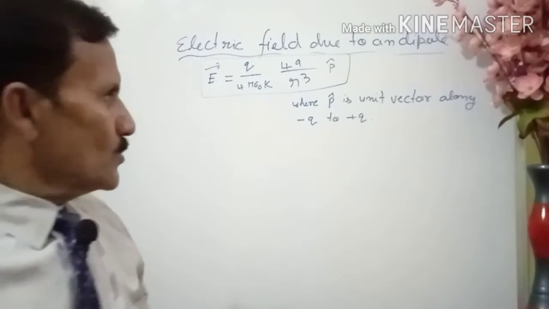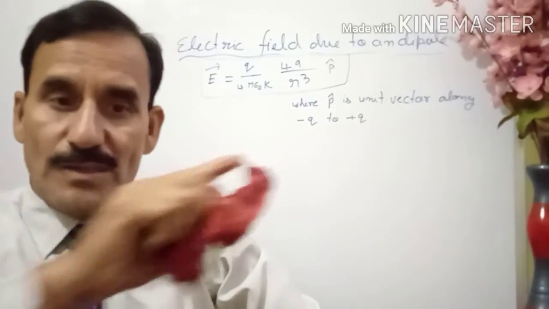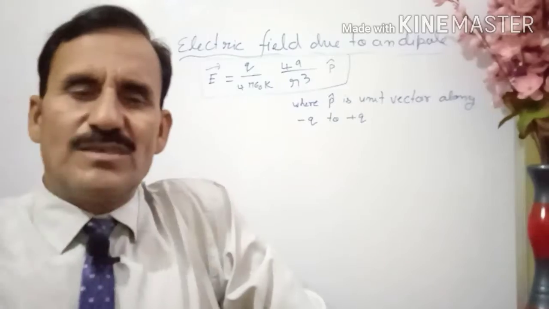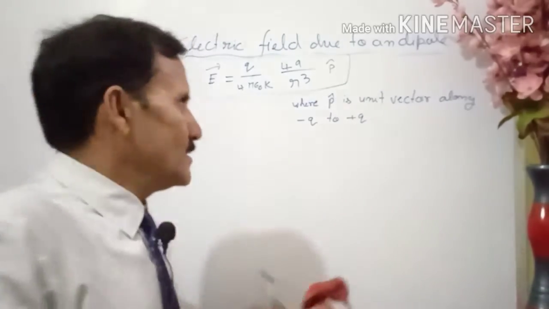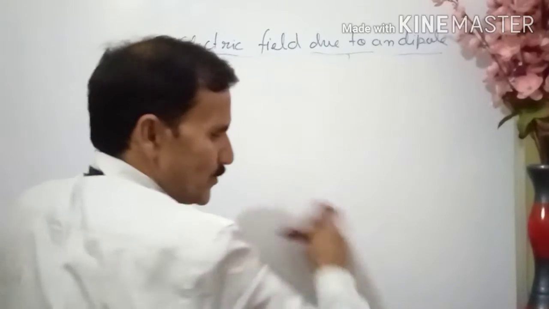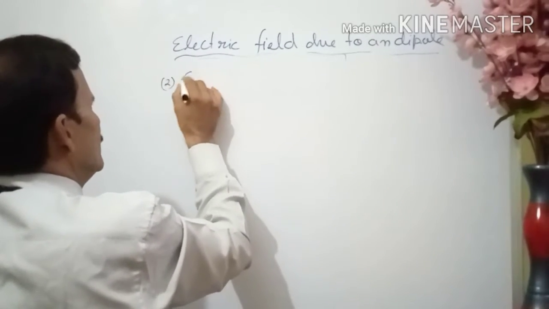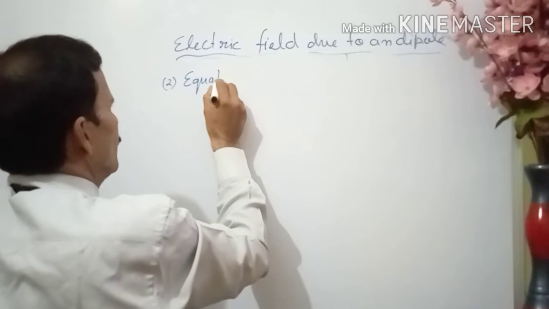Okay, so this is for the axial point lying on the axis of the dipole. Now let us have another also. Suppose we are taking the equatorial point, second, the equatorial point.